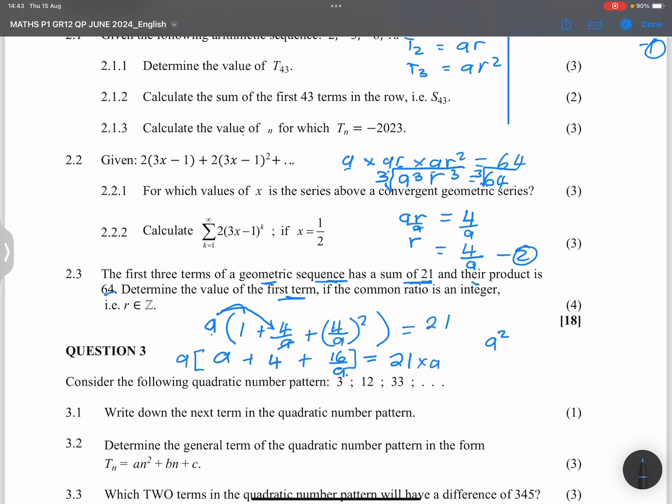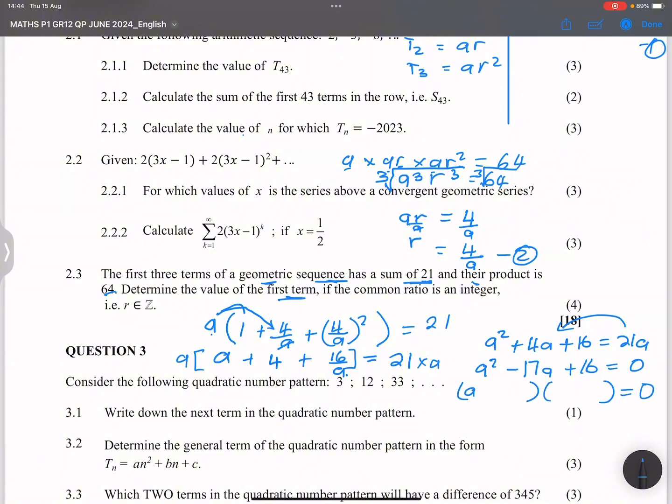So that will be a squared plus 4a plus 16, which is equal to 21a. And now let's try to solve. If I bring the 21a to the other side, it becomes negative 21a. Negative 21 plus 4 gives us negative 17, so a squared minus 17a plus 16 is equal to 0. Now we can factorize this out.